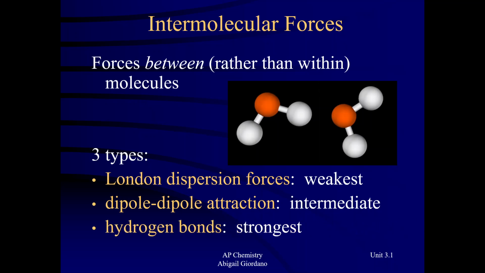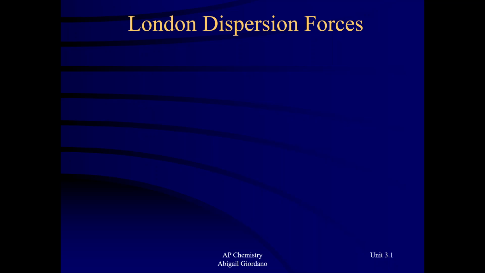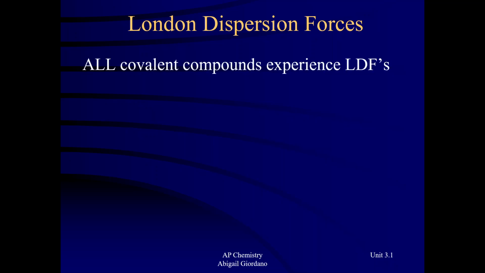And then, of course, hydrogen bonding would be the strongest. And we're going to look at each one of these individually. And let's start with London dispersion forces. First of all, guys, it's important that you recognize that all covalent compounds, all compounds between nonmetals, experience LDFs.